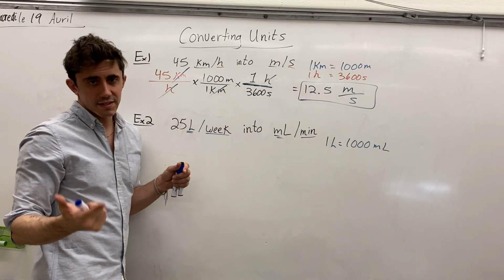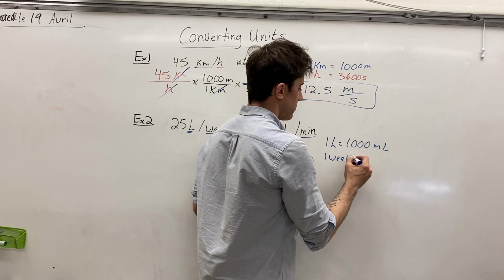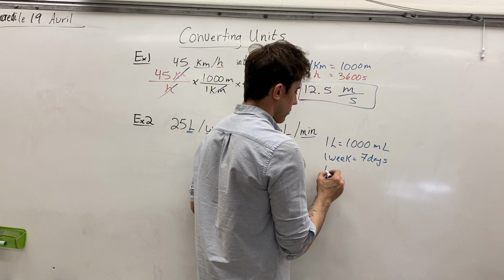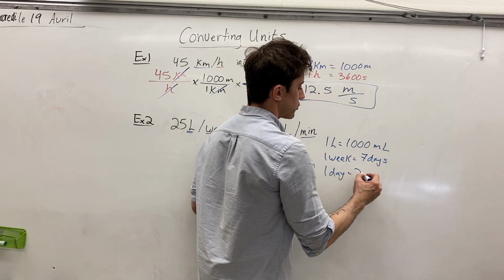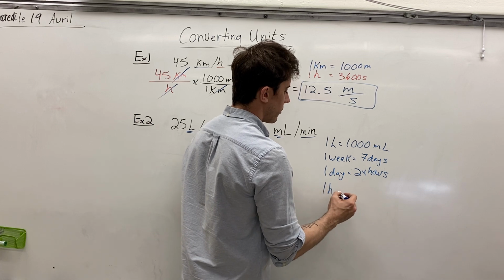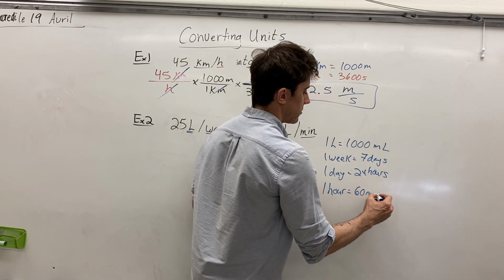Now, how many minutes are in a week? Well, we know that 1 week is 7 days. 1 day is equal to 24 hours. And 1 hour is equal to 60 minutes.